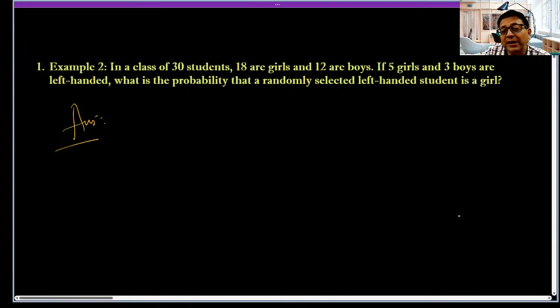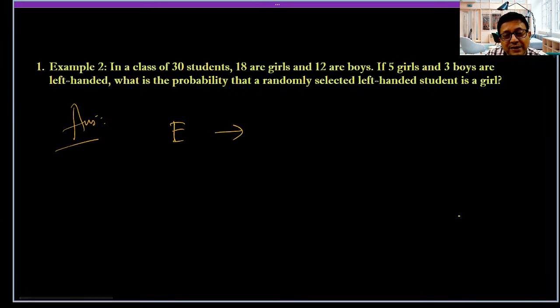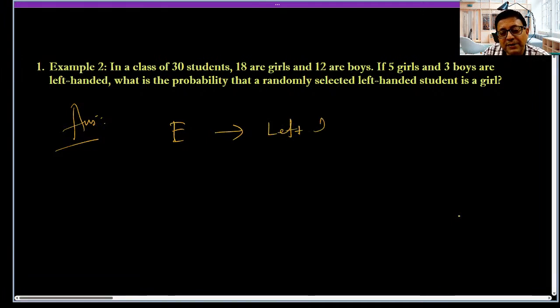So first you have to write, let E be the event that a left-handed student is selected.